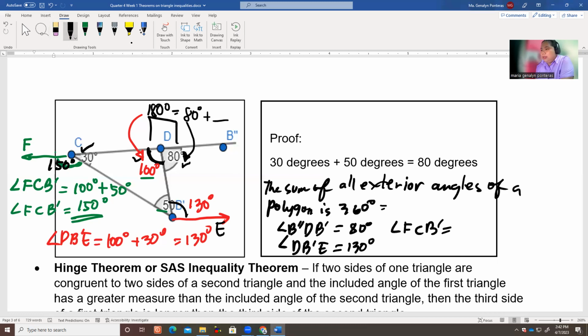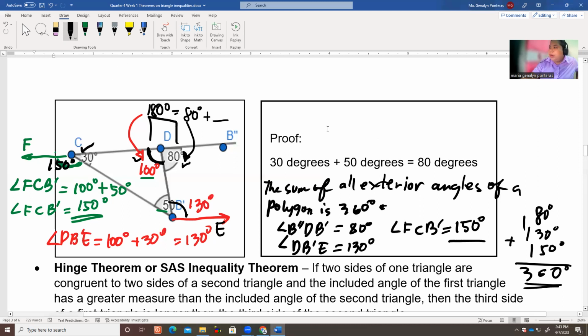If we add them, their sum should be 360. So 80 plus 130 plus 150, that's 360. That means our exterior angles are correct. All the exterior angles we computed are correct.